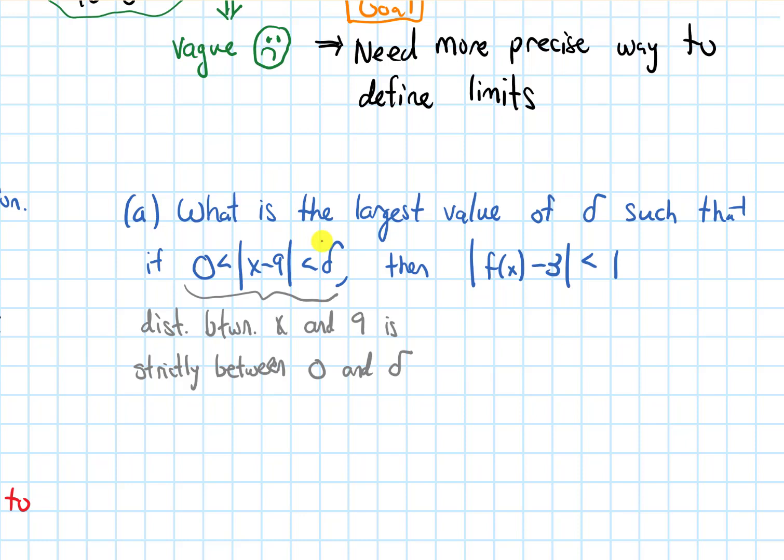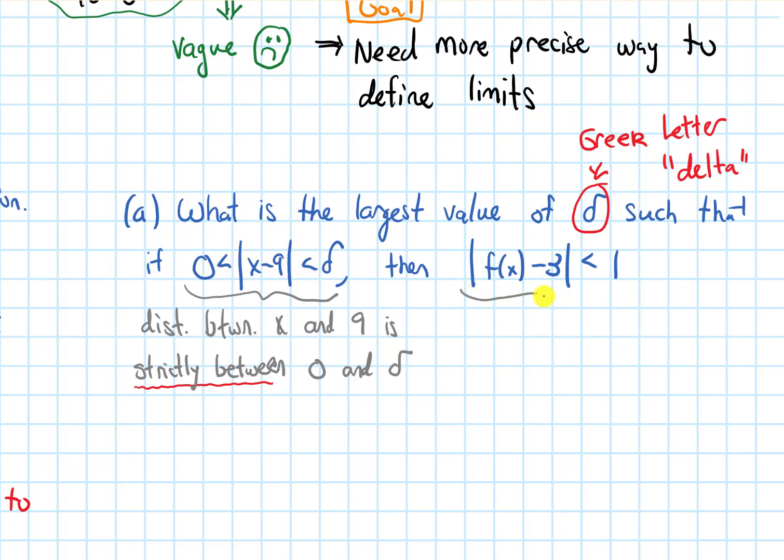I mentioned this in our overview video, but this symbol is the Greek letter delta. It looks kind of like a D, but the tip is curved. And we've also talked about what strictly between means in a previous video. That means that distance cannot be exactly equal to 0, and it can't be exactly equal to delta. I see that because these inequality symbols don't have an equal sign.